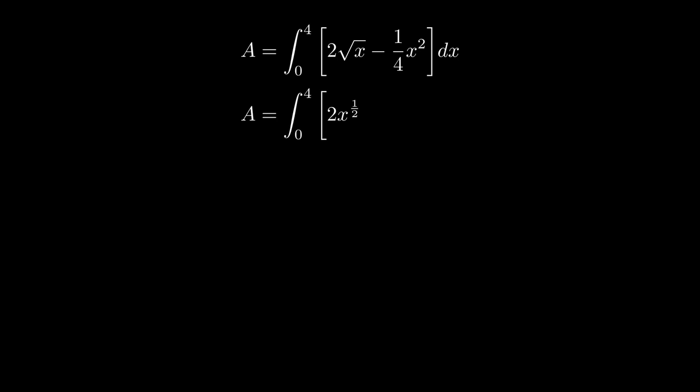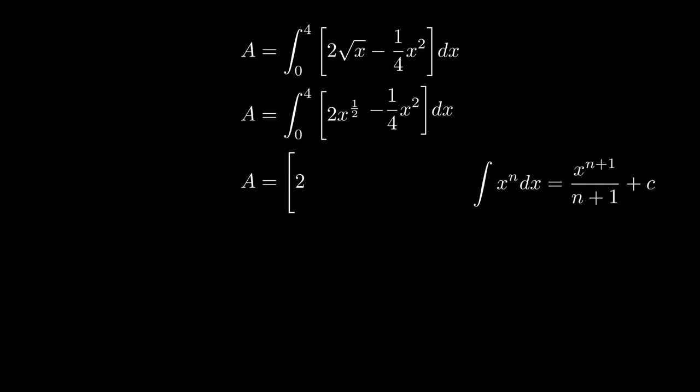Then the integral of x power 1 divided by 2 gives x power 1 divided by 2 plus 1, divided by 1 by 2 plus 1. Again, the integral of x power 2 gives x power 2 plus 1, divided by 2 plus 1.